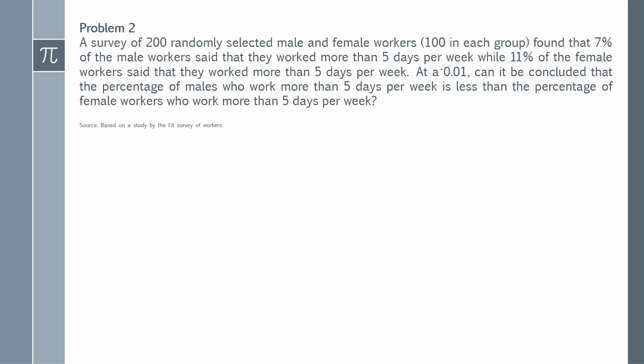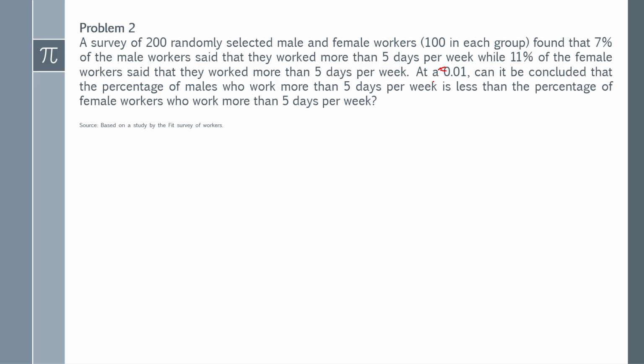At alpha 0.01, can it be concluded that the percentage of males who work more than 5 days is less than the percentage of female workers who work more than 5 days per week?